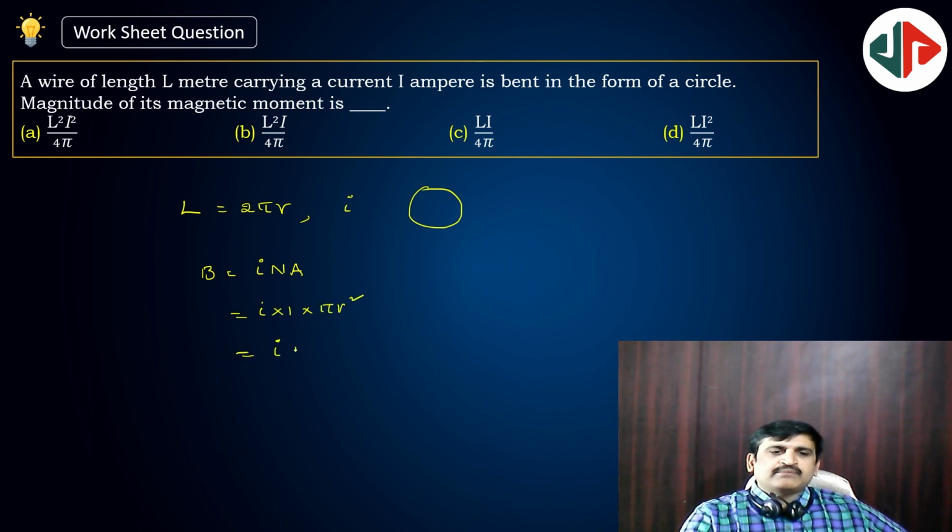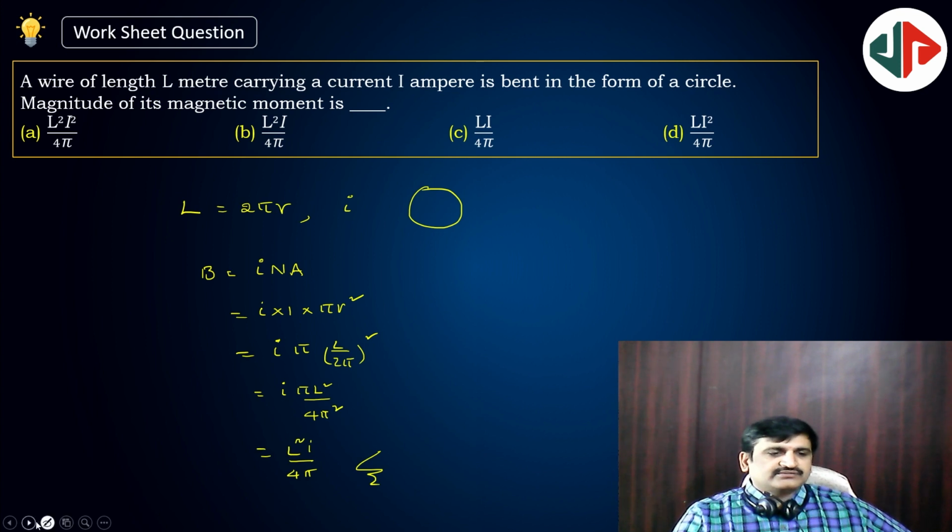So I pi times L by 2 pi squared is equal to I pi L squared by 4 pi squared. So this is L squared I by 4 pi.